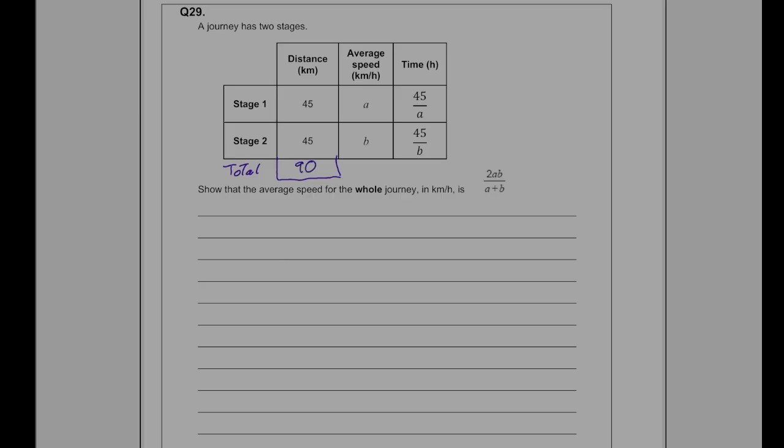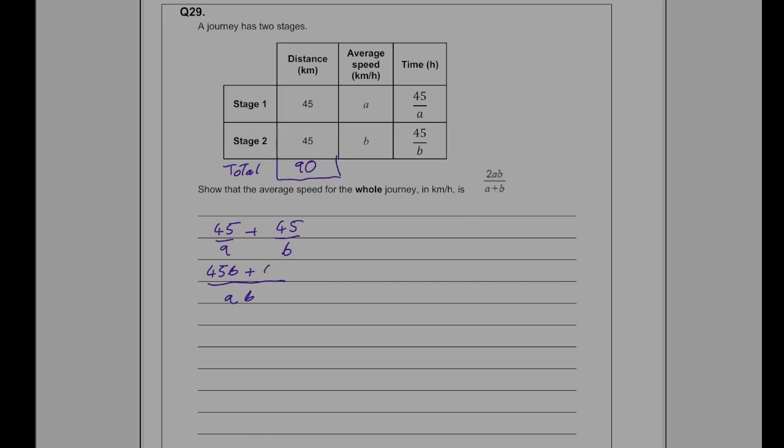And then the total time would be 45 over A plus 45 over B. So I'll put them over a common denominator of A times B. AB. And then this one would be times by B, so that would be 45B.